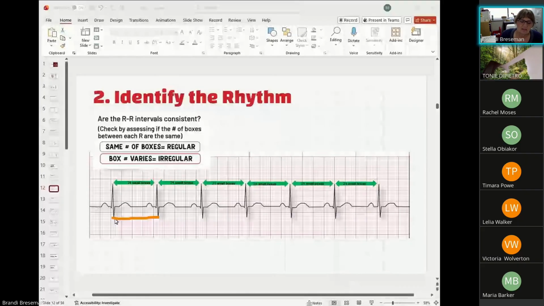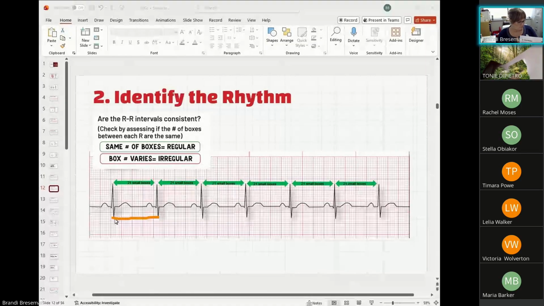Now, an easy way to do this, a lot of times, if I have a strip and I don't have calipers and I want to know if something's regular, I will lay a piece of paper down on my strip and mark on my paper with a pen where my first QRS is and then my second QRS complex. Hold on.